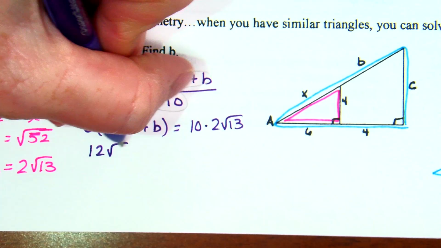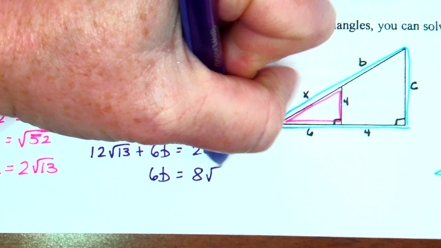In order to get the 6b by itself, I'm going to subtract 12 square root of 13. So 6b is equal to 20 square root of 13 minus 12 square root of 13. Eight square root of 13.